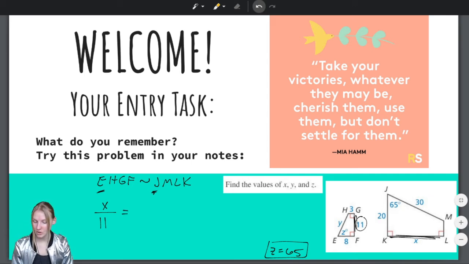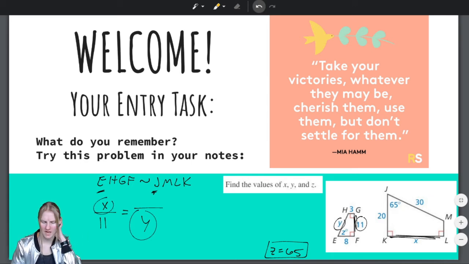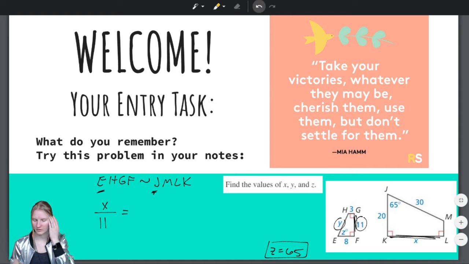Now we could put a proportion with y in it, but that's not helpful. I want only numbers so that I can solve for x. If I put a y in here, now I have two variables. How am I supposed to solve that? So just one variable for now.